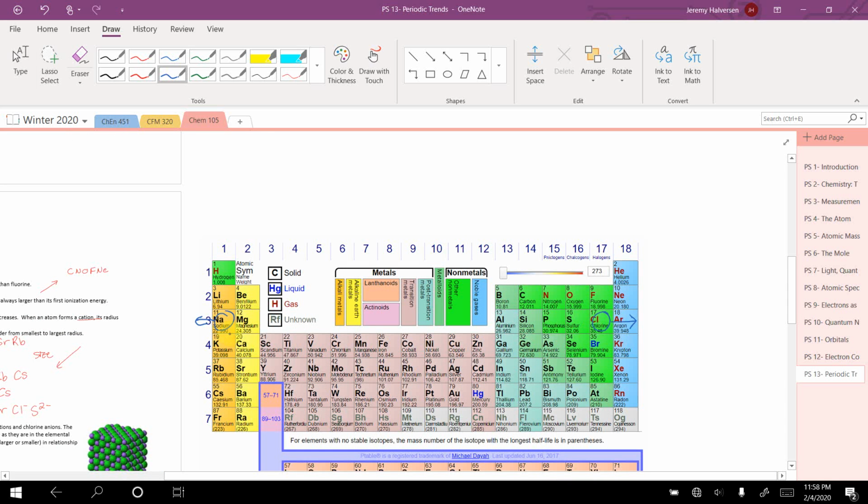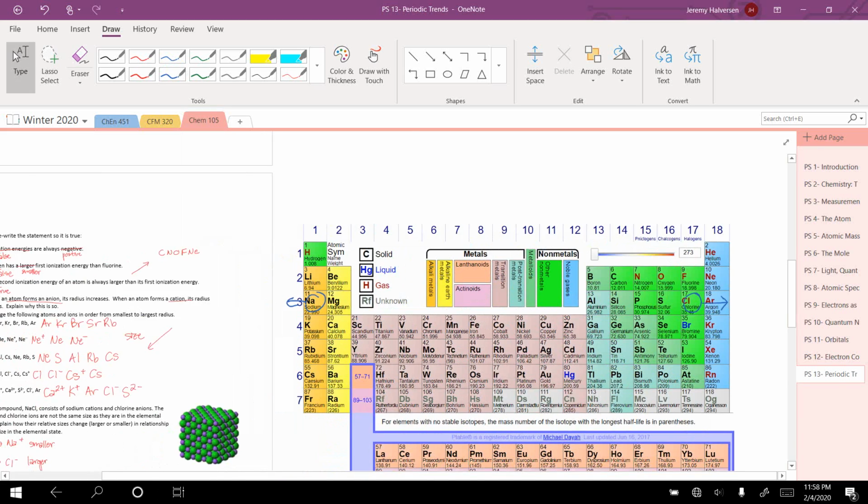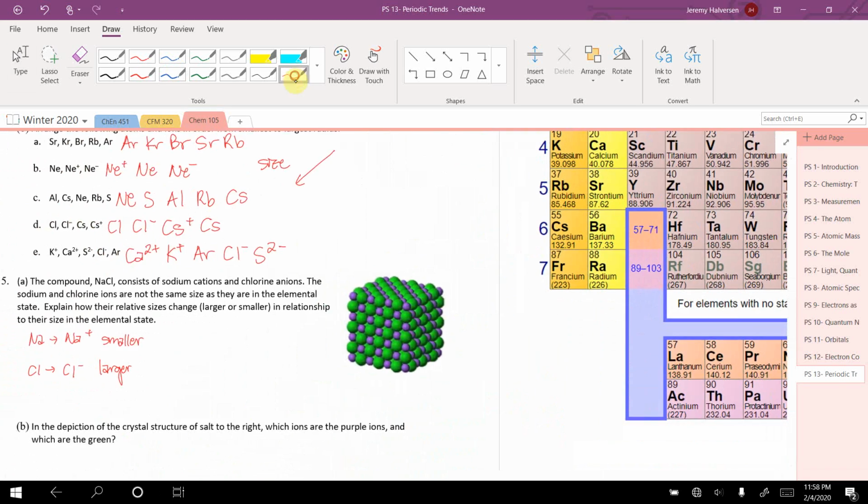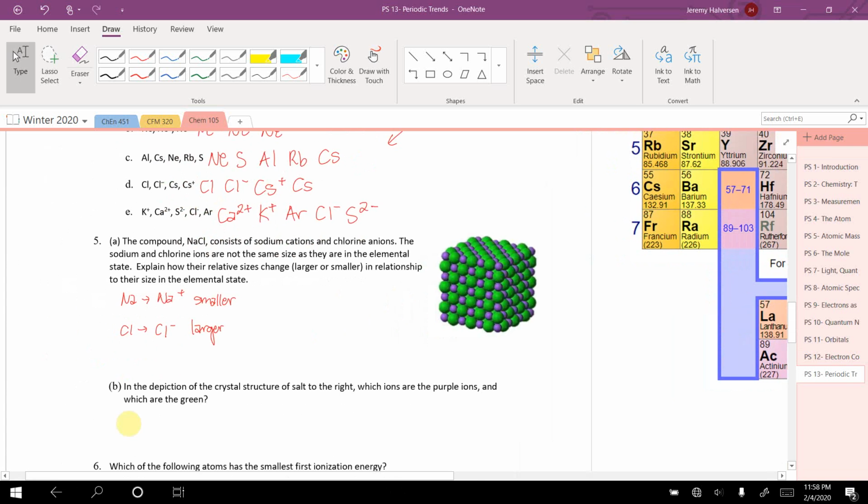Sodium is bigger than chlorine, but once it loses that n=3 shell, when it loses that one electron, it's going to be more like neon in its size, and that means that the smaller one is probably going to be sodium. So purple, I would say, is Na plus, and Cl minus is green.